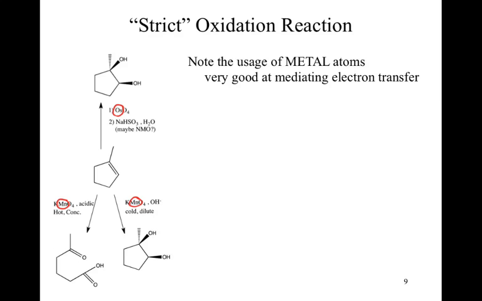In both cases, if you look carefully, we've got the metal and then we have 4 oxygens. So what we're looking at for an overall intermediate structure is the metal with oxygens on the outside.